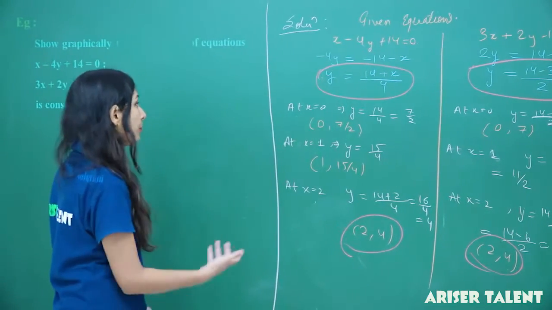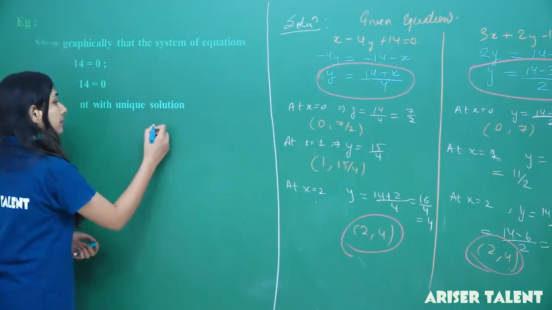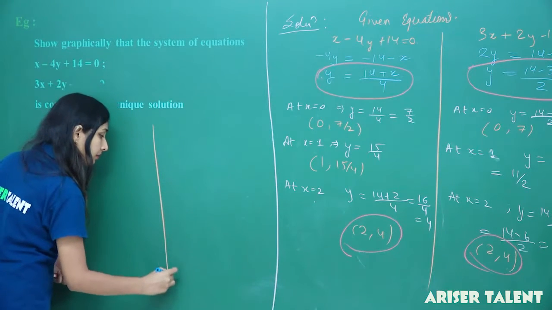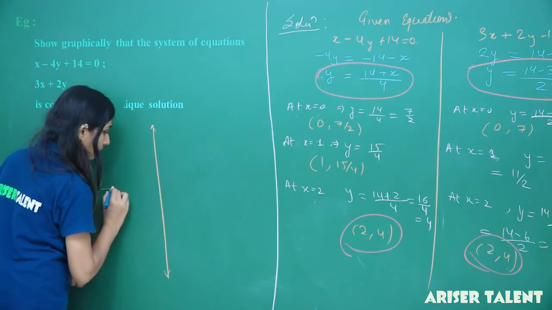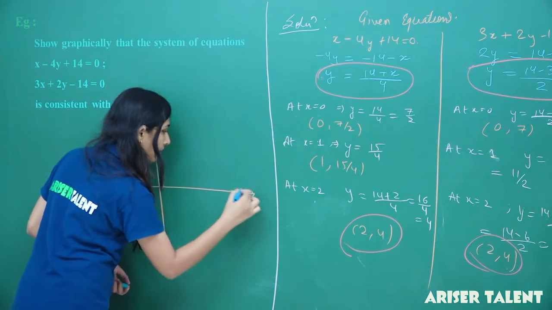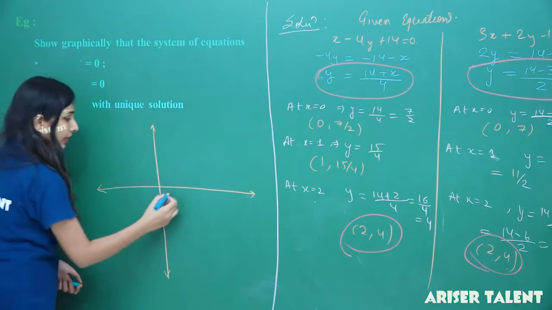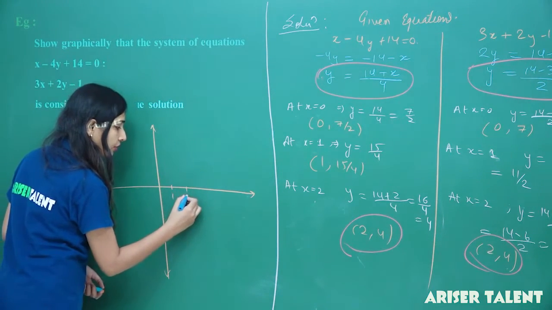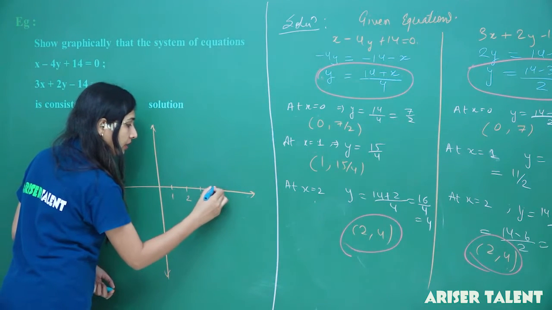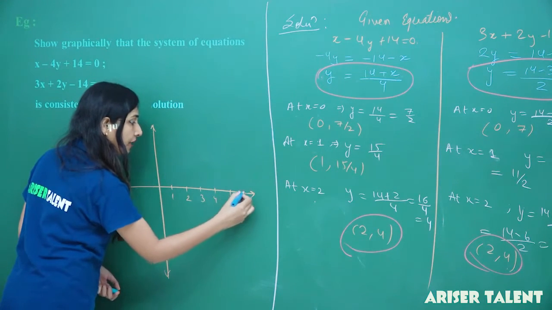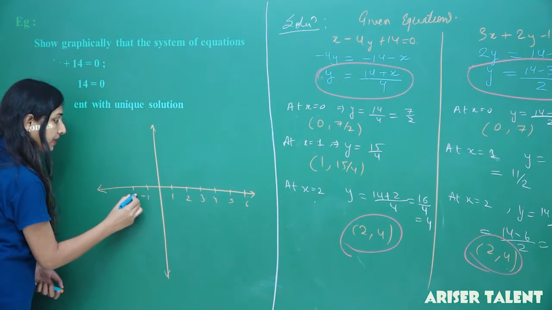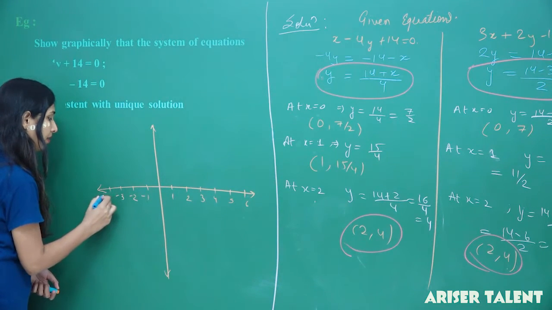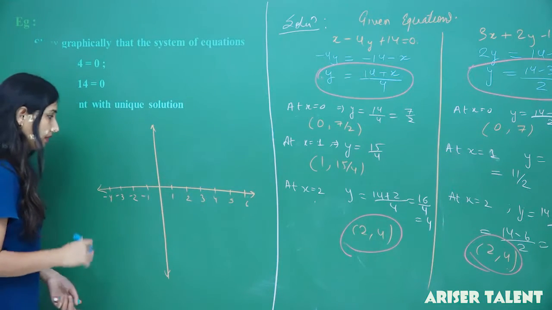So students, if I am going to plot the graph here, right? If I am going to have this graph here and I will be having this 1, 2, 3, 4, 5, 6 and minus 1, minus 2, minus 3, minus 4. I am not going to extend it, you may.